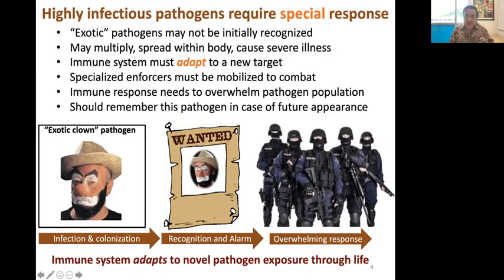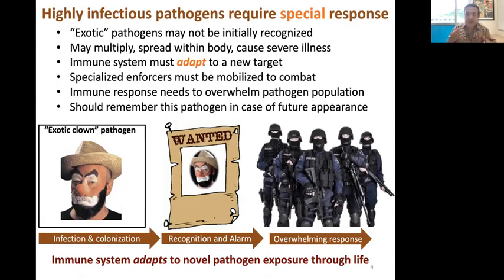So the immune system has to be able to adapt to novel pathogen exposure. And all through your life, right, you're being exposed to new things that become part of the knowledge of your immune system.